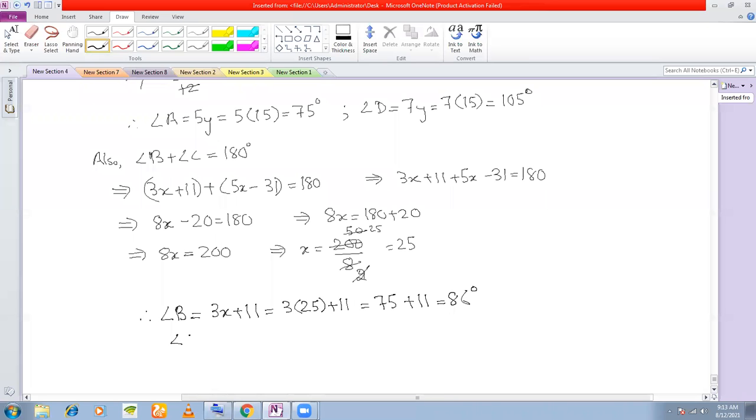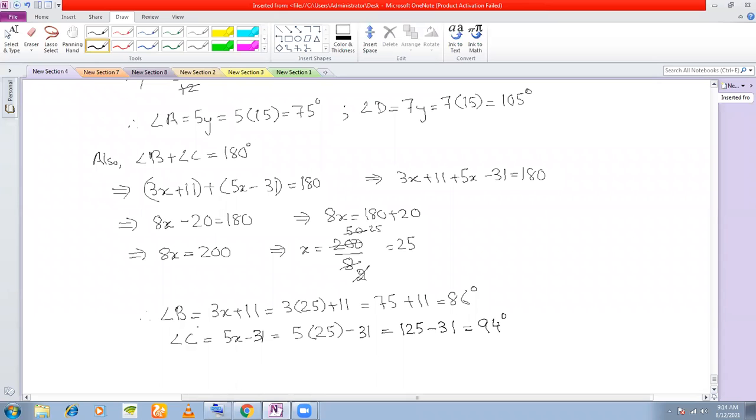What about angle C? 5x minus 31. 5 into 25 minus 31. So you get 125 minus 31. I think 125 minus 31 should give you 94.